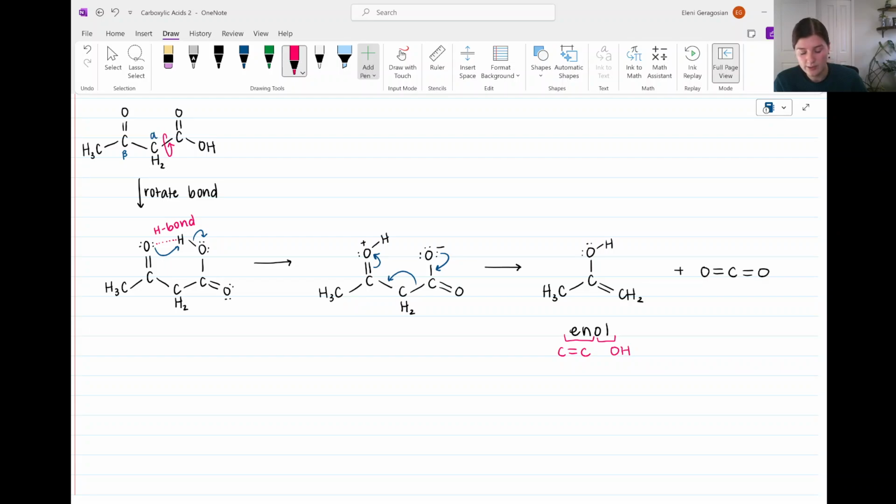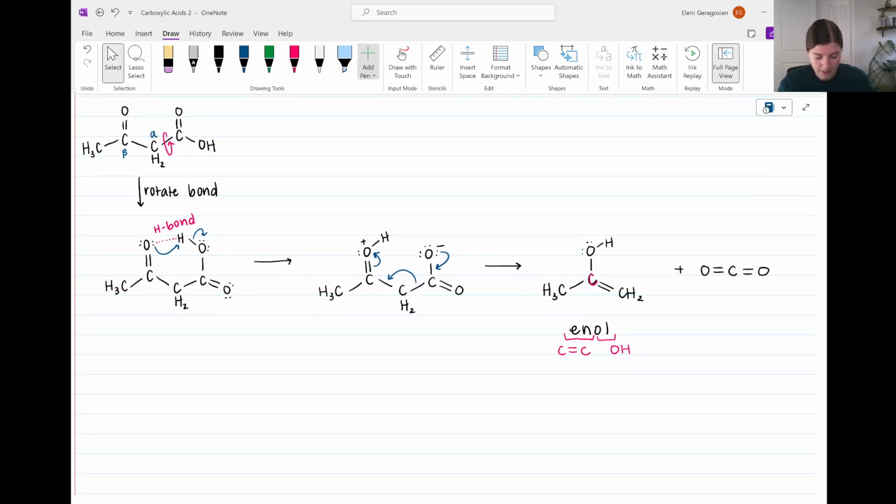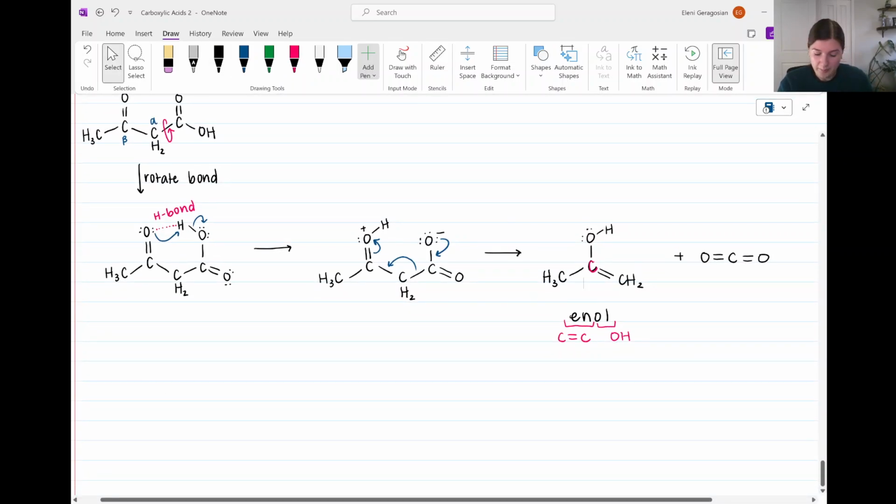So an enol is when there is one carbon, this central carbon here, that's double bonded to another carbon and bonded to an OH group. In these enol molecules, they rapidly, we call this, tautomerize into the keto form.